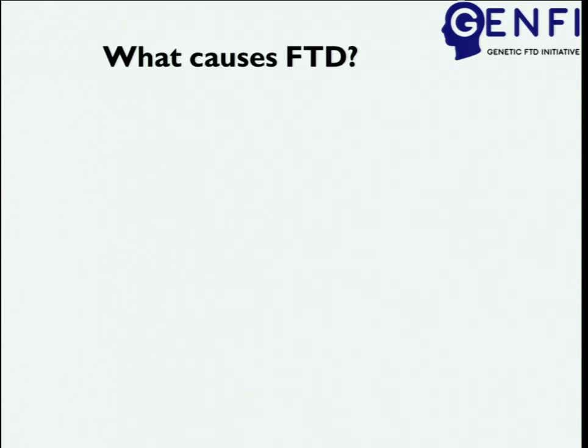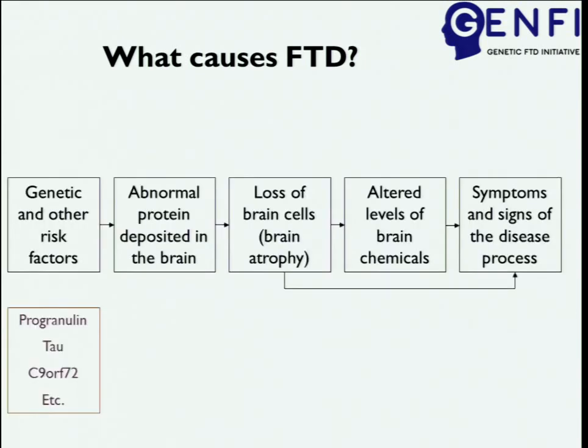So in FTD, what is that? Well, the three major genes that we know cause FTD are progranulin, tau, sometimes called MAPT, and this other one called C9orf72.